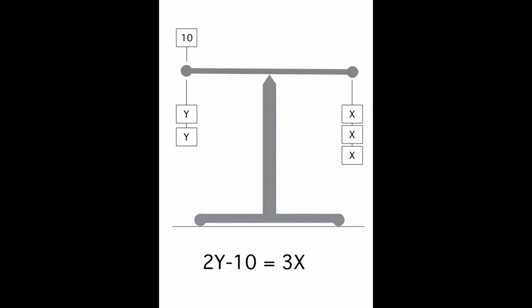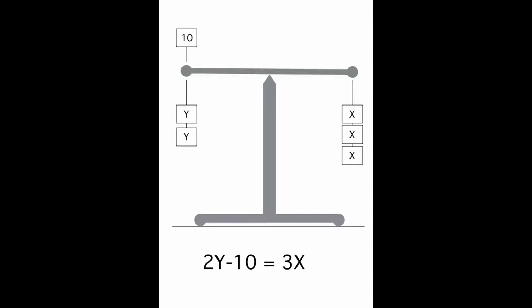So now the equation's looking a bit better. I've got 3 x's on one side, and I do want the x's by themselves on one side, and on the other I've got 2y's minus 10. And I have to decide, how am I going to have just one x on the right-hand side? Well, I could take away 2 of those x's from both sides, but that wouldn't give me x by itself, because then I'd have x's on both sides of the equation.